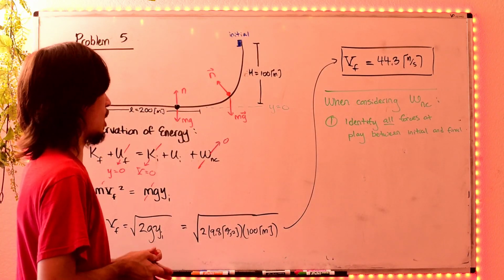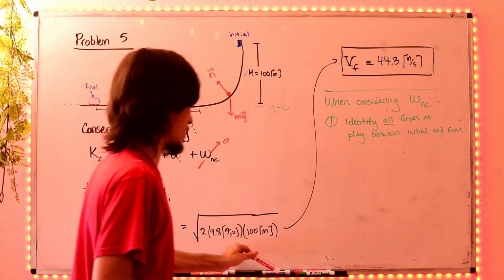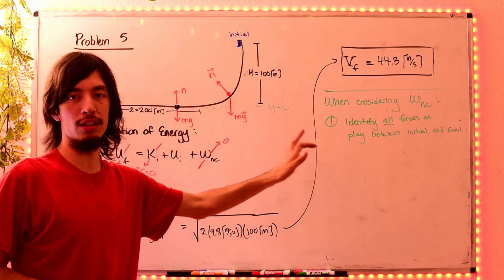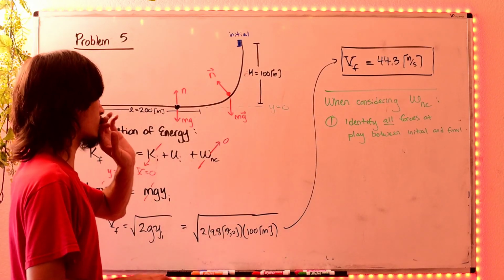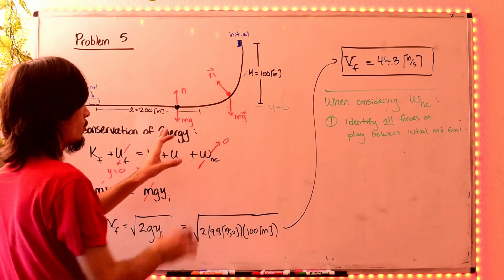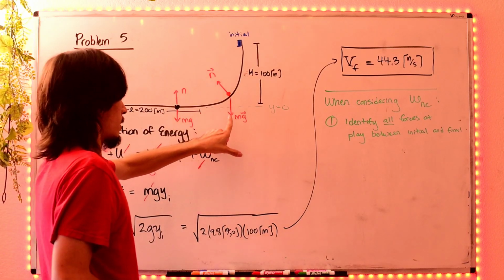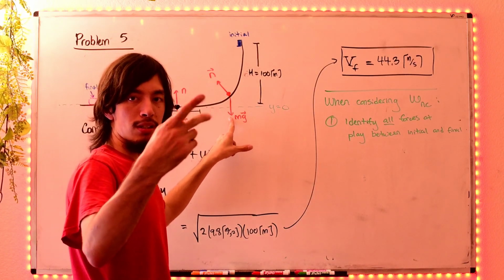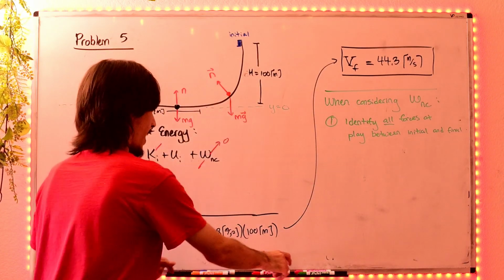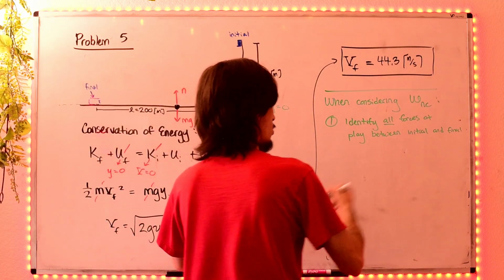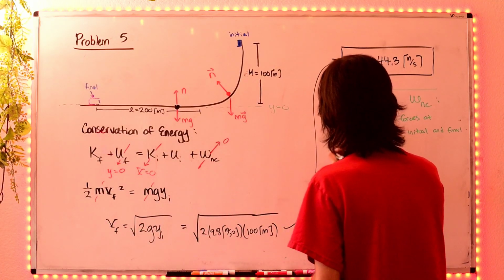As long as you can identify all the forces, you can still tell which ones are conservative and non-conservative. Regardless of the point that you chose here, there's only 2. There are only 2 forces to consider at this point in mechanics, and your 2 forces will be based on what you're going to do here.